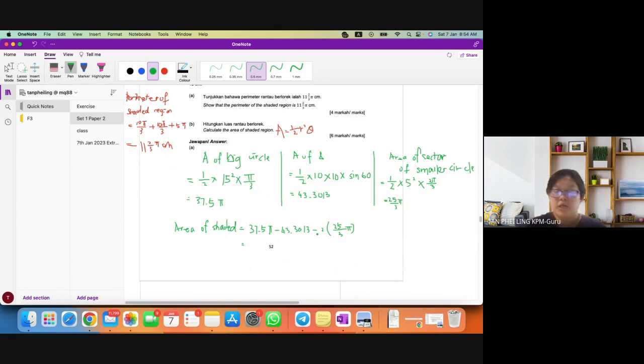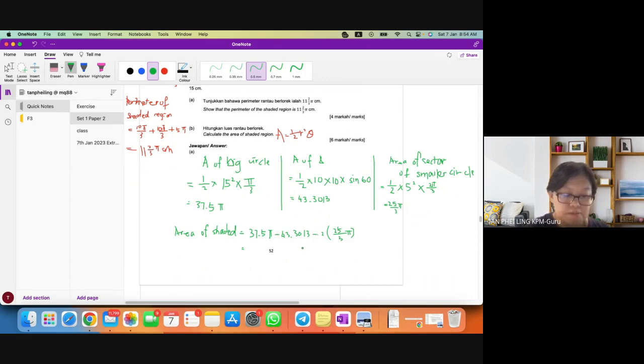Do you get me? Okay, so first thing, key in calculator, 25 over 3 times 2 first. You are with me, right? So you know that I'm taking 37.5 to minus out with 50 over 3. Both of these are in terms of pi. Then only I minus 43.3013. So here I would have 37.5 minus this answer. I get 20.8333.